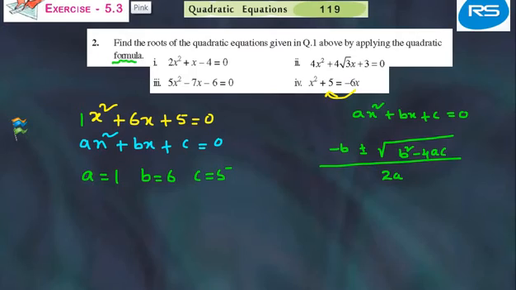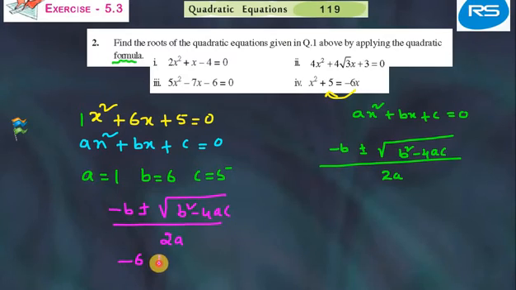After this, now substitute in the formula. So minus b plus or minus square root of b square minus 4ac by 2a. So substitute minus 6 plus or minus square root of 6 square minus 4 into a value is 1, c value is 5, whole by 2 into 1.